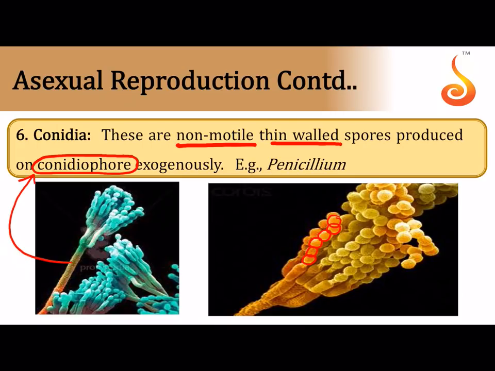See, these structures are called conidiophore, these erect structures. They are born on them and they are produced exogenously on the outside. Isn't it? They divide, they undergo splitting from the outside. And this is why they are called exogenous spores. They are thin, non-motile spores.